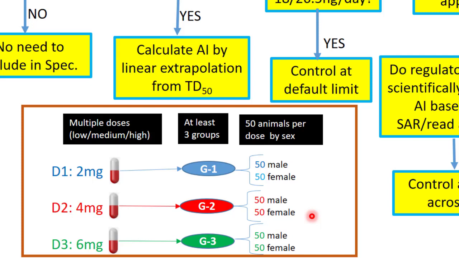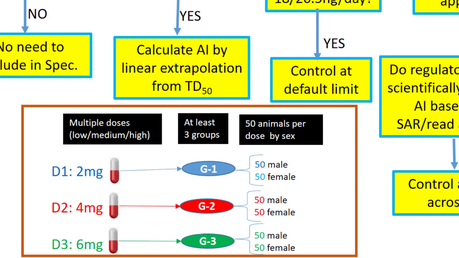So group 1 contains 50 male rodents and 50 female rodents. Group 2 contains 50 male rodents and 50 female rodents. And similarly, group 3 also contains 50 male and 50 female rodents. So each group will be exposed to a different dose. Group 1 will be exposed to the 2 milligram dose, group 2 to the 4 milligram dose, and group 3 to the 6 milligram dose.